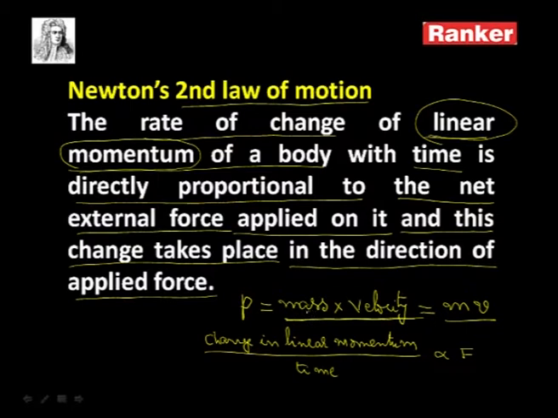It is the product of the mass of the body and its velocity. We generally write that formula as m into v. Now what do you mean by rate of change of linear momentum? It is nothing other than the change in linear momentum of the body divided by time. That is what we call the rate of change of linear momentum.